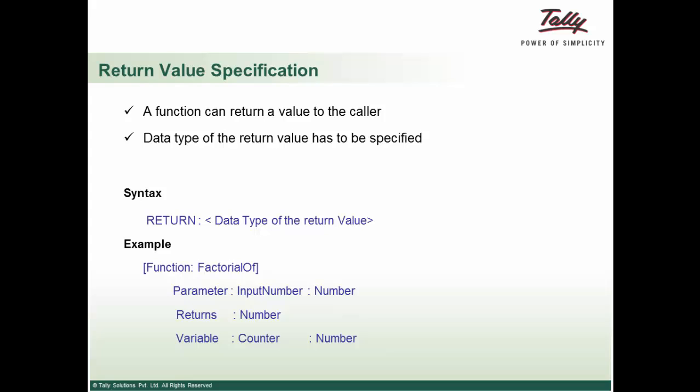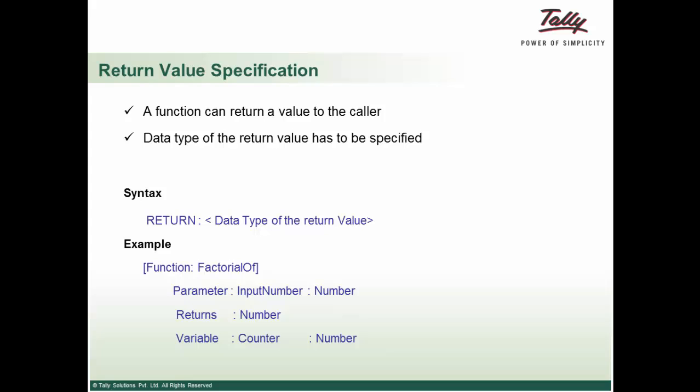And finally we have the return value specification. A function can return a value to the caller, and the data type of the return value has to be specified. A function may or may not return a value depending upon the requirement.